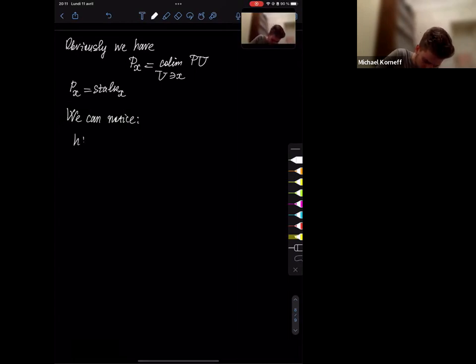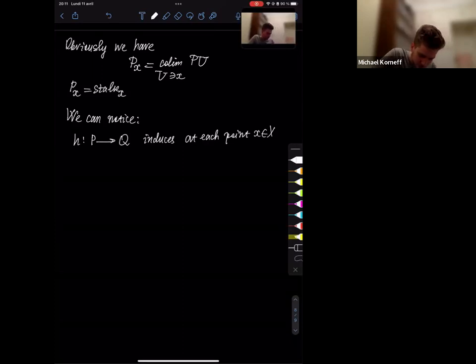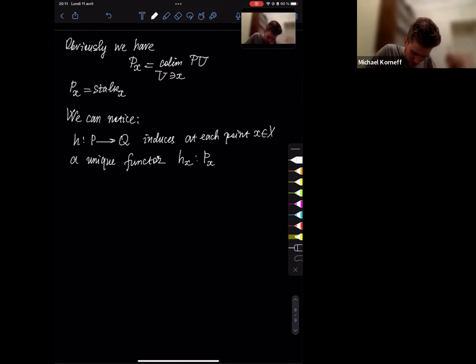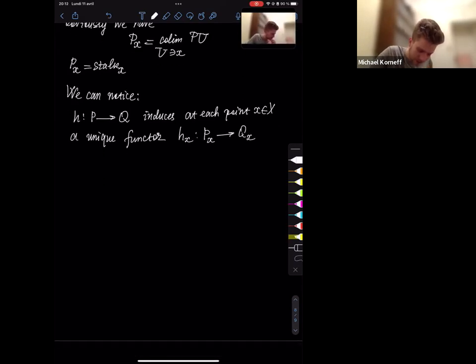That if we have a morphism between presheaves P and Q, that is, just a natural transformation between these functors, then it induces at each point x a unique map hx between the stalks, from Px to Qx, such that the following diagram commutes.